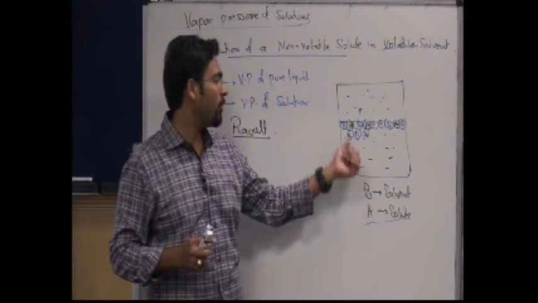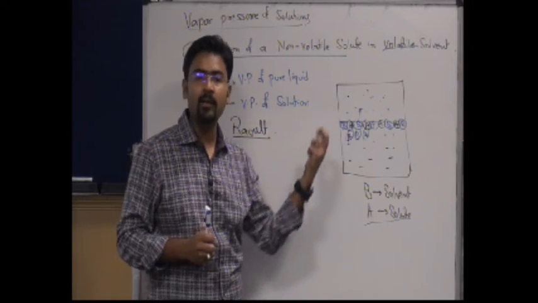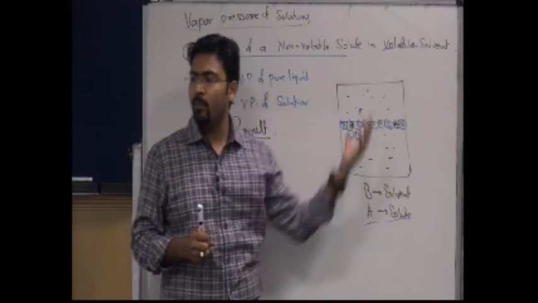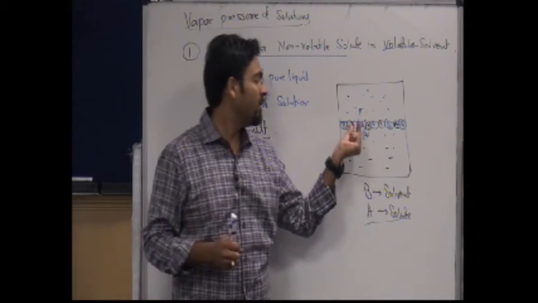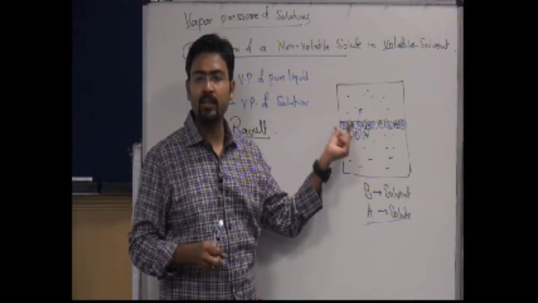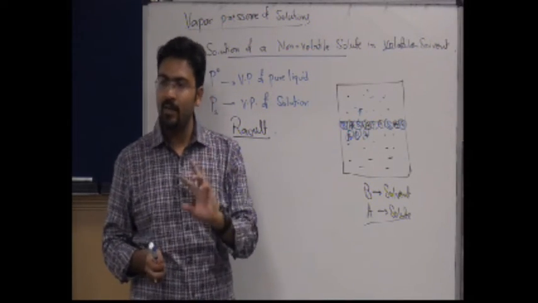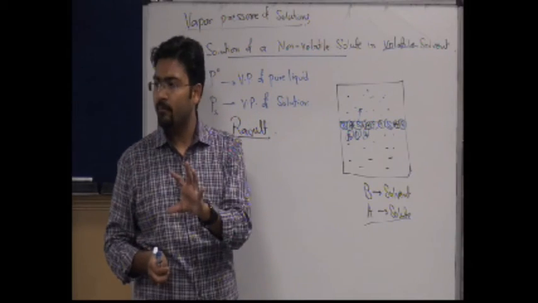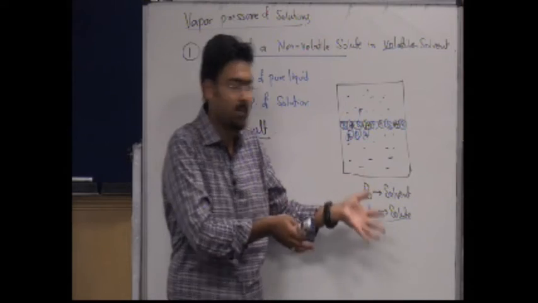For example, if I'm talking about the second factor, that A is attracting B strongly, that is why B is not easily forming vapors, and that is what is decreasing the vapor pressure of the solution. If I take this factor into consideration, then there will be a problem, because every time I change A and B, that dependence will vary, right? Because it will purely depend upon who you have mixed, right?